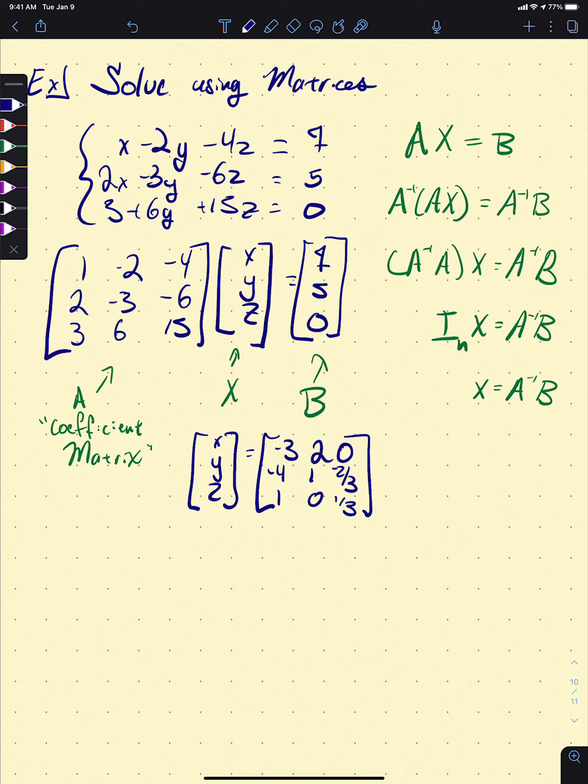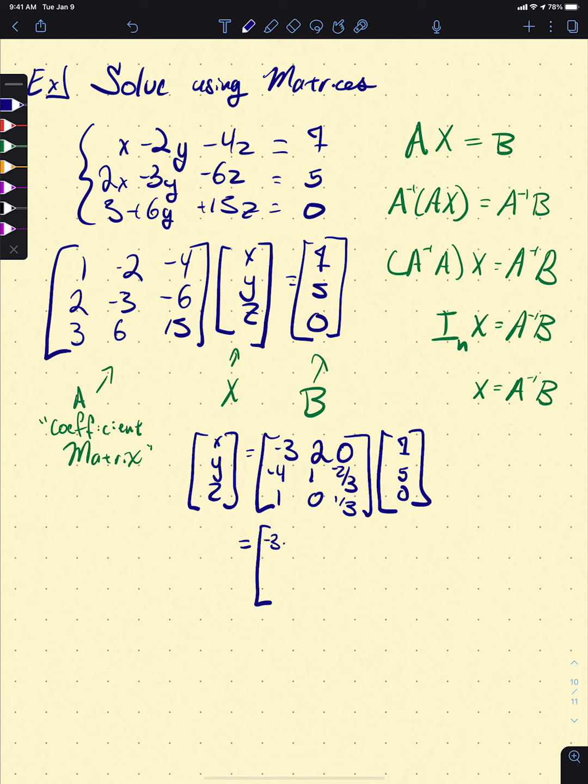Okay? And then that needs to be multiplied by our b, which is 7, 5, 0. Okay? And what happens when we carry this out? Well, we're going to get a column, right? A 3 by 1 matrix here.